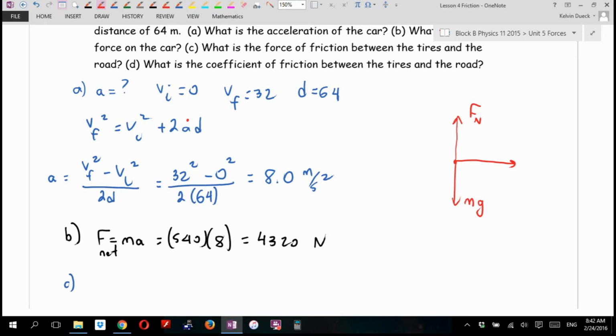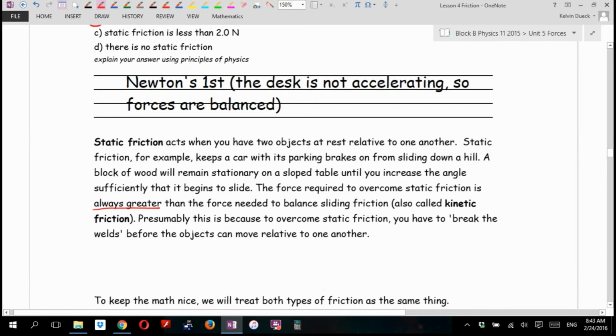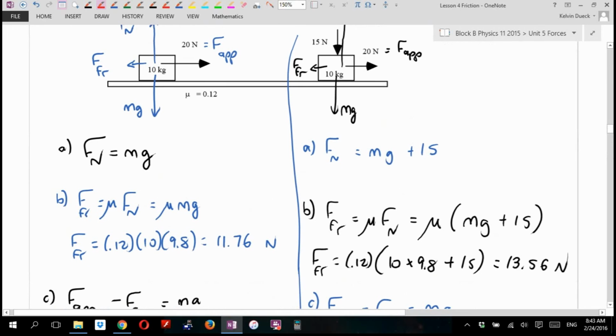Ethan, what was that? Are you saying that if this car was on ice, this wouldn't work? Yeah. This is kind of weird, because in our previous diagrams, friction has always been slowing us down, right? In other words, here, friction was pointing to the left, and to the left.